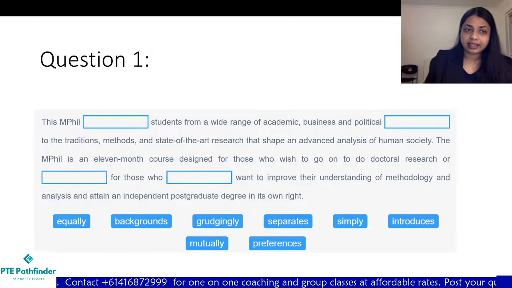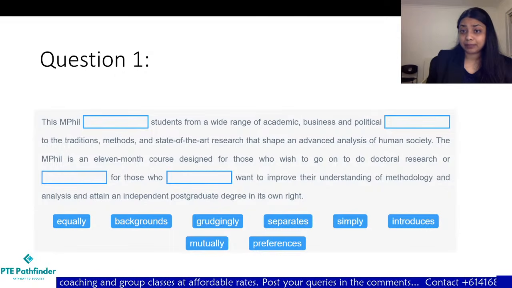So it says, this MPhil dash students from a wide range of academic, business and political dash to the traditions, methods and state-of-the-art research that shape an advanced analysis of human society. So it's related to MPhil and it's related to shaping analysis of human society, right?